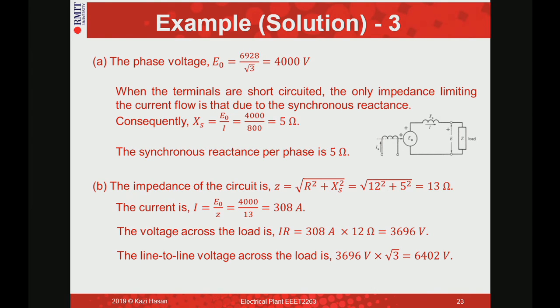And then the other way you do it: how much is 12 multiplied by 308? 3696. Because you have 12 ohm there, isn't it?